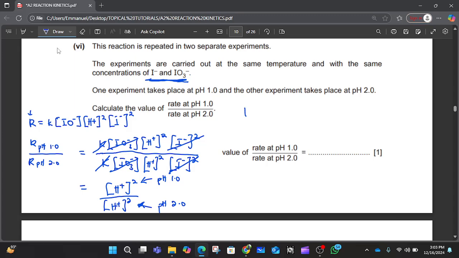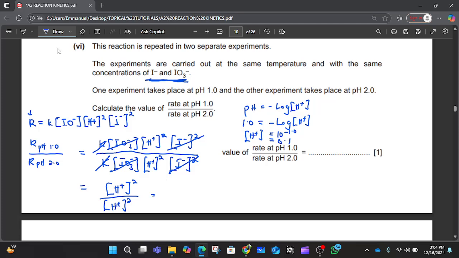We know that pH is equal to negative log of H plus ion concentration. For pH of 1.0, it means that our H plus ion concentration is going to be 10 exponent negative 1.0, and this is equal to 0.1.